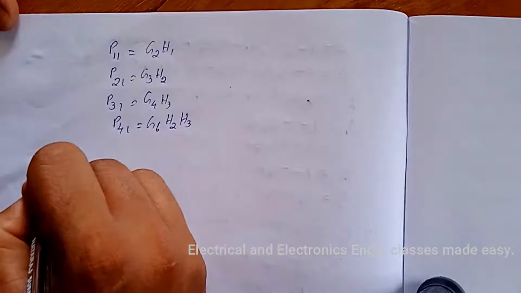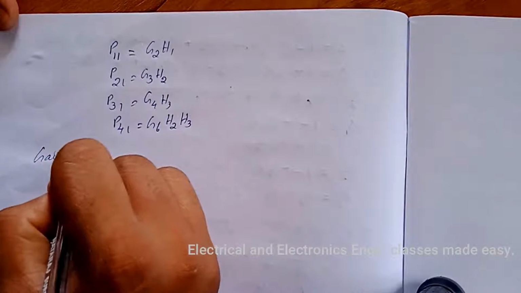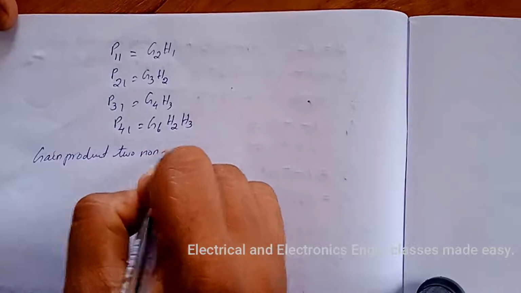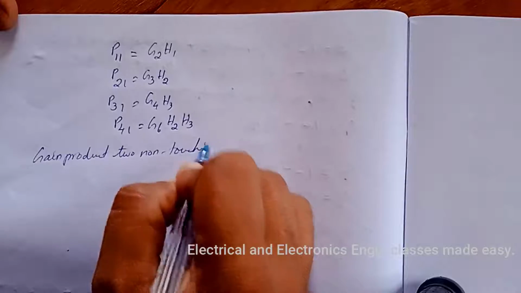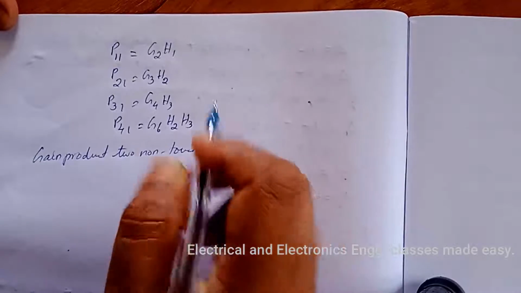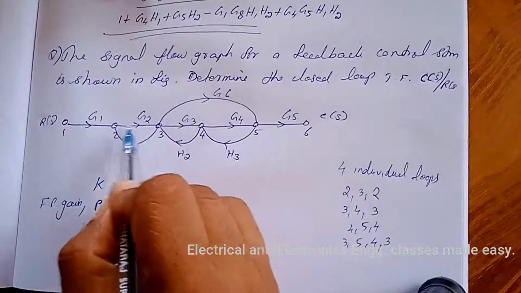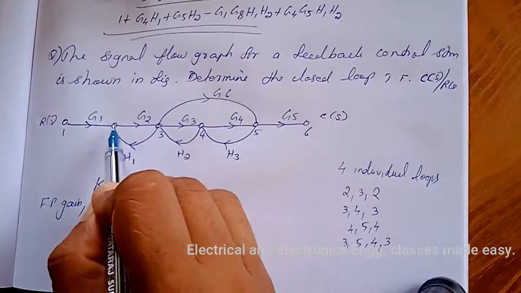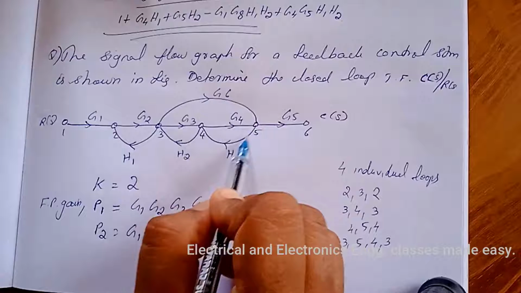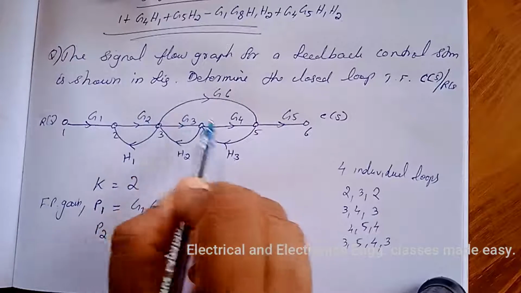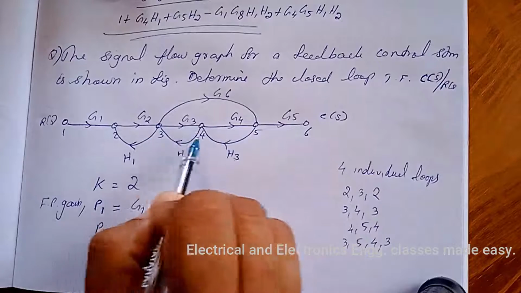Now we have to find the gain product of two non-touching loops. So here there are 4 loops, and this loop and this loop are the two non-touching loops and there are no other two non-touching loops.